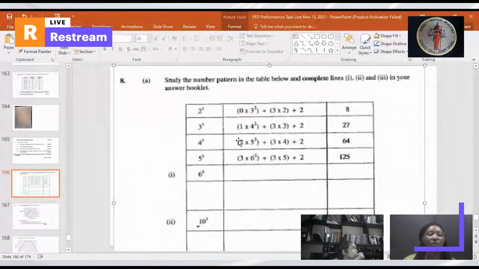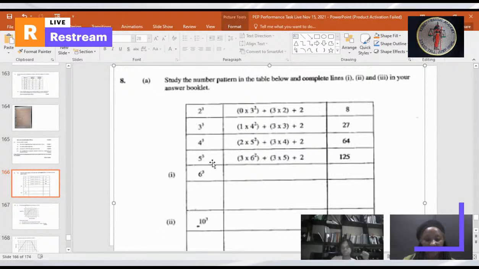So for the 1, it's 0 times 3 squared plus 3 times 2 plus 2, and that gives 8. For 3 to the power of 3, we have 1 times 4 squared plus 3 times 3 plus 2, that gives 27. 4 cubed is 2 times 5 squared plus 3 times 4 plus 2, that gives 64.